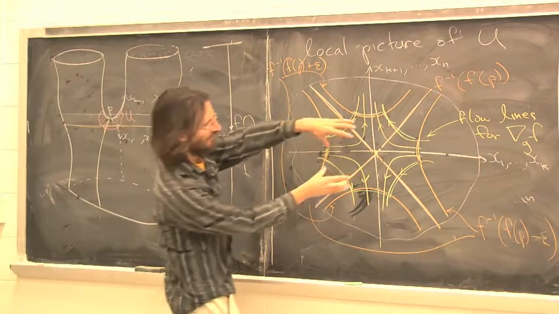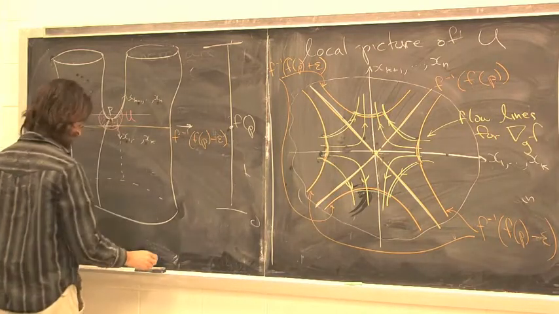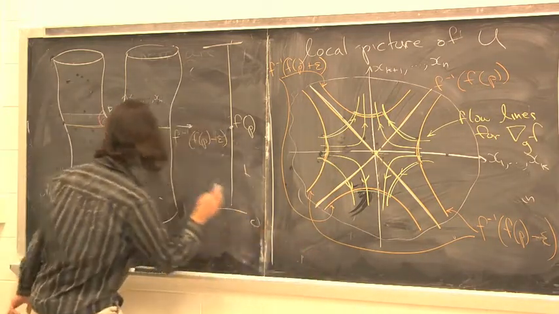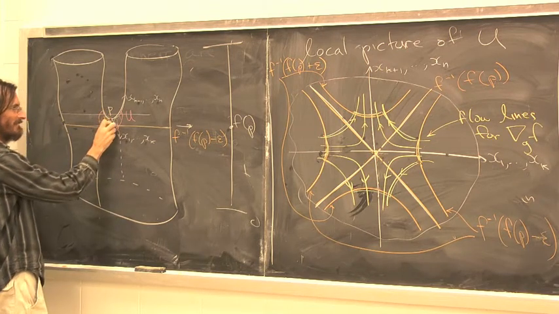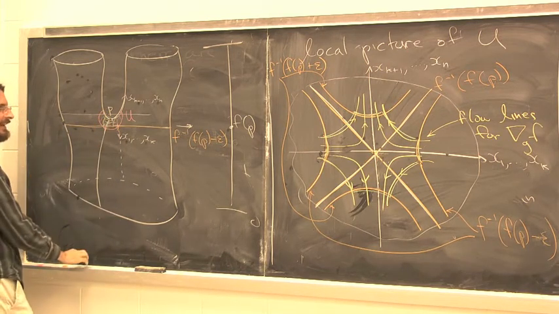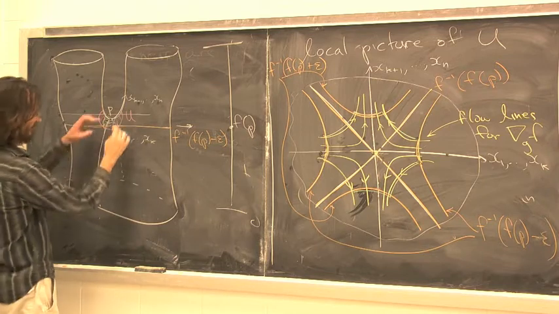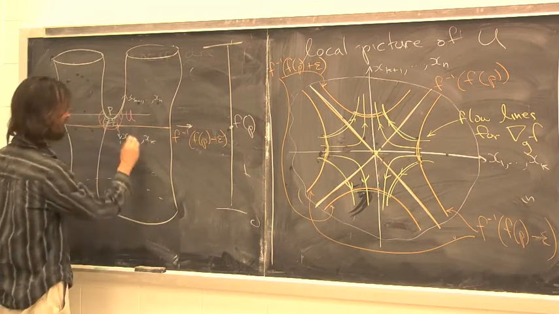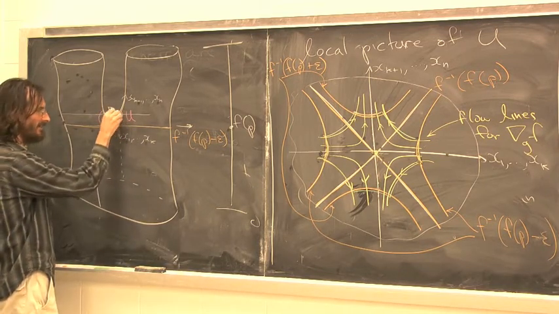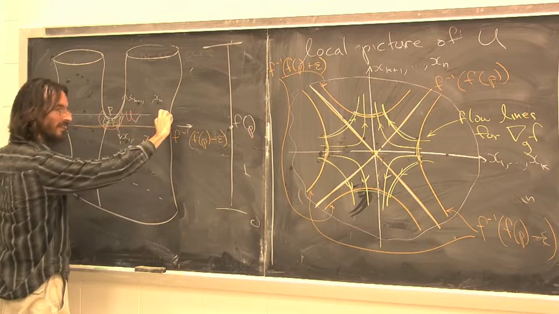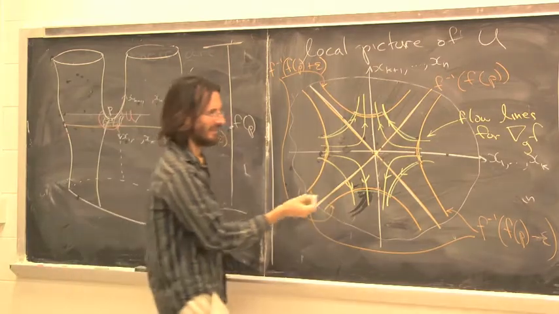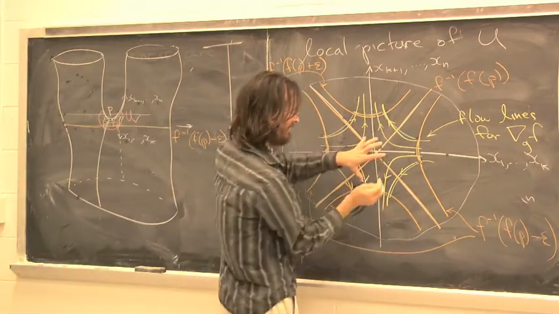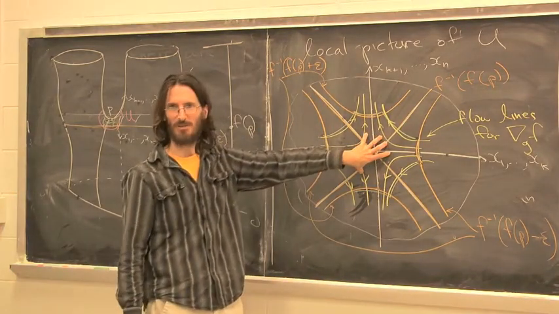That's this piece that I'm going to pick out in the middle, which is going to sit right there over the critical point. And then outside that piece, I'm going to take these intermediate levels here, but I'm going to ignore this. Inside this set here I'm going to do something special.